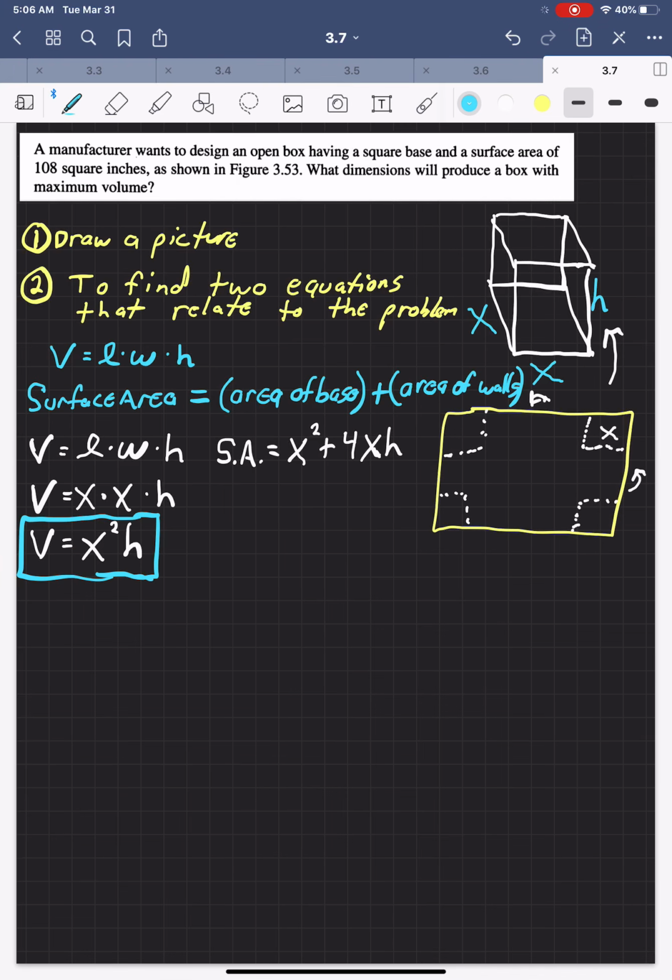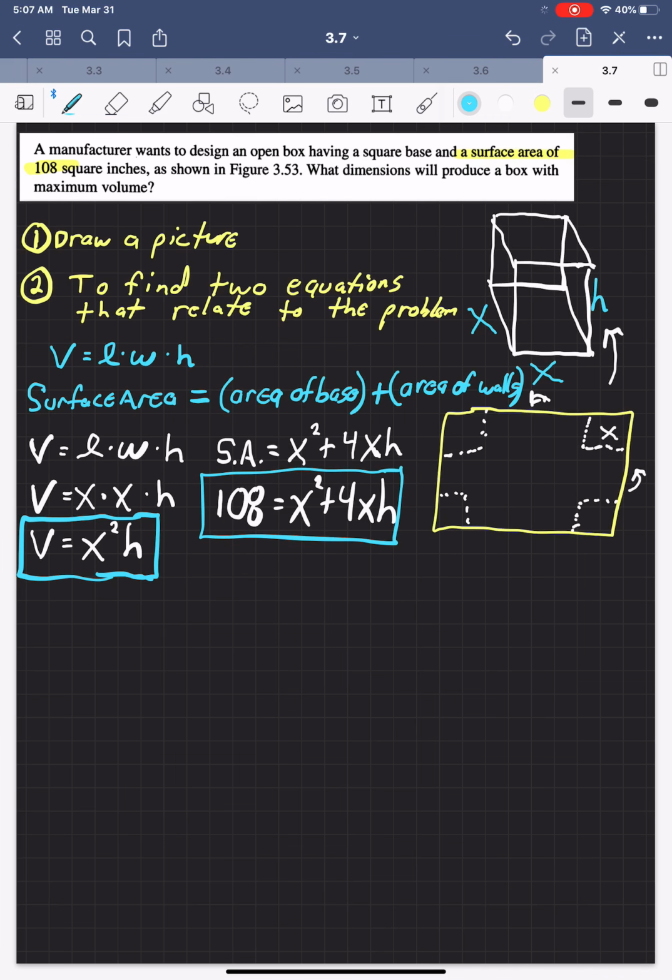The only thing is that we actually have a little bit more information about that surface area. Don't you agree that we know the surface area must equal 108, right? So I can now write this as 108 is equal to x squared plus 4xh. And now we are done with step 2.